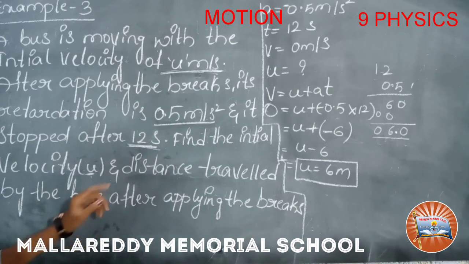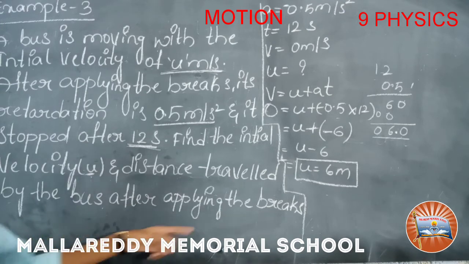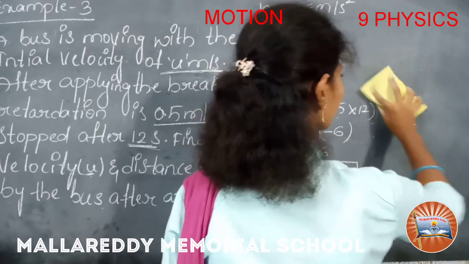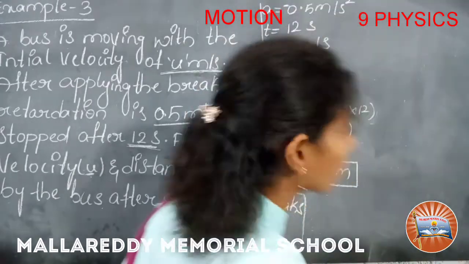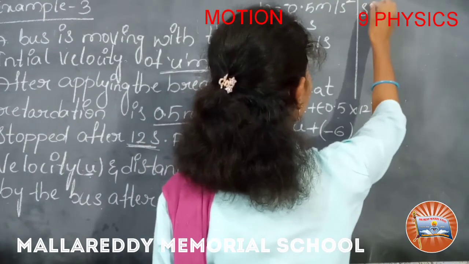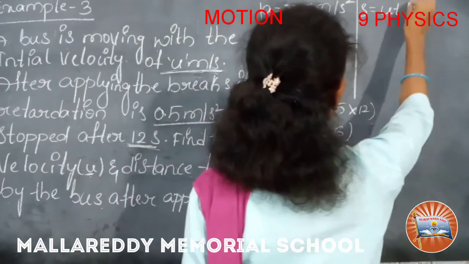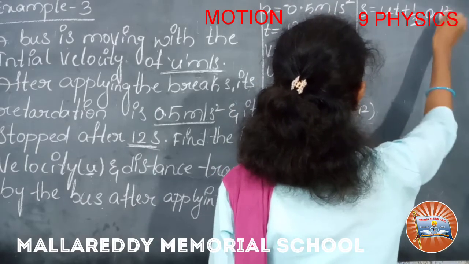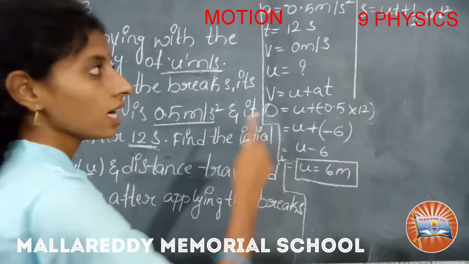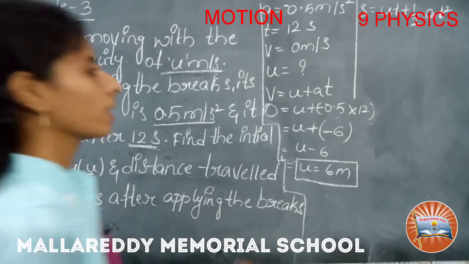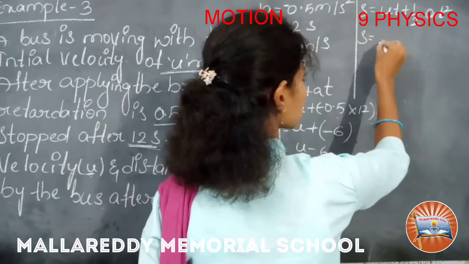Now we have to calculate the distance travelled by the bus after applying the brakes. Right? Now take the equation, s is equals to ut plus half at square. Then we'll get the distance of the bus after applying the brakes. So we don't know the s.